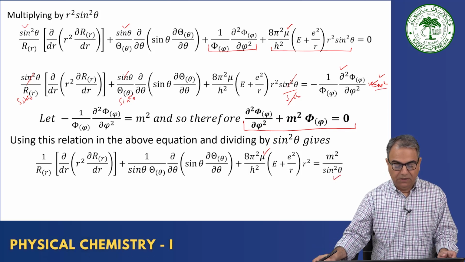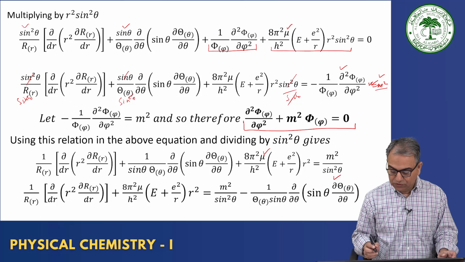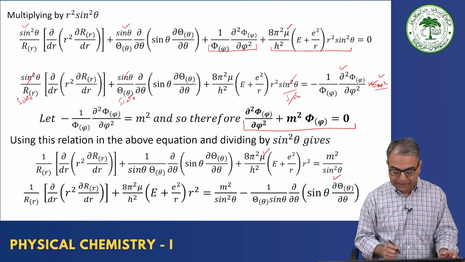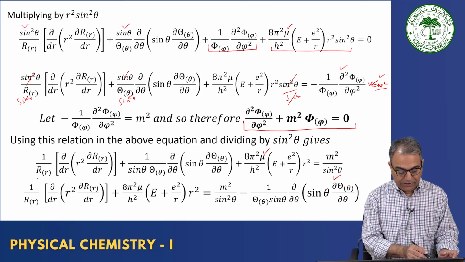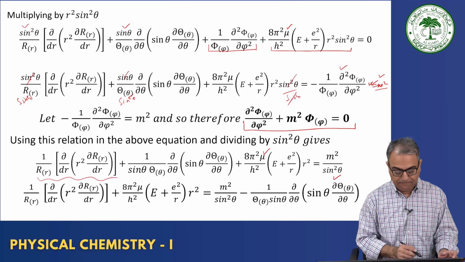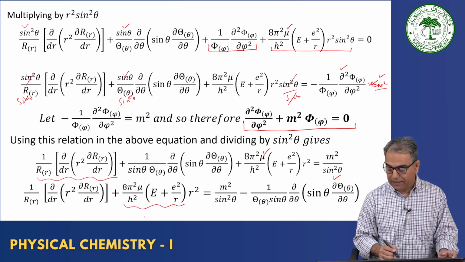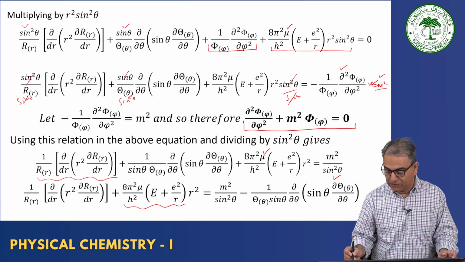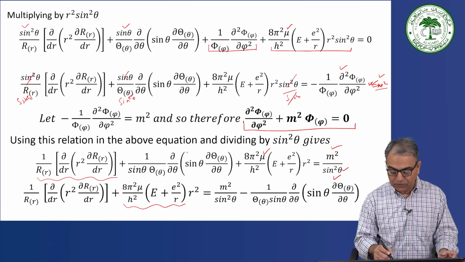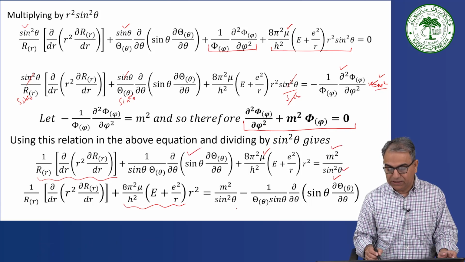Now we are very close to solving this equation. Just rearrange this one, and you see here you have only the r part, and this is also the r part, but this equation has the theta part, m square by sin square theta minus 1 by theta theta sin theta del by del theta sin theta del theta theta by del theta.